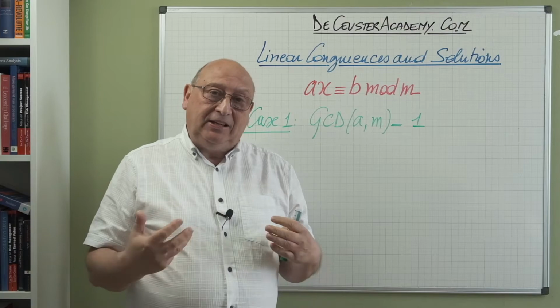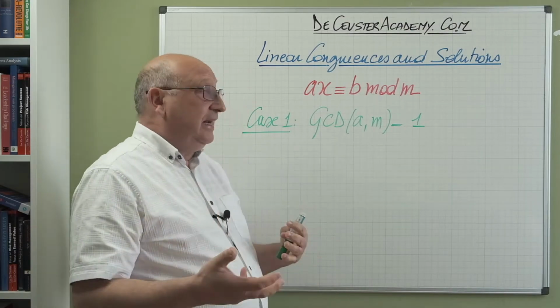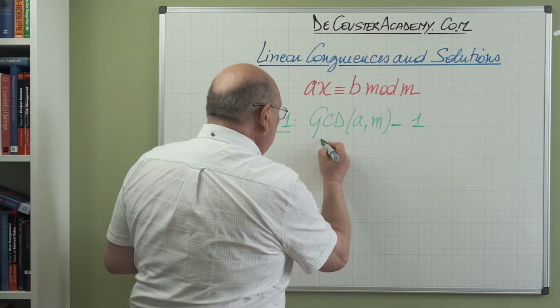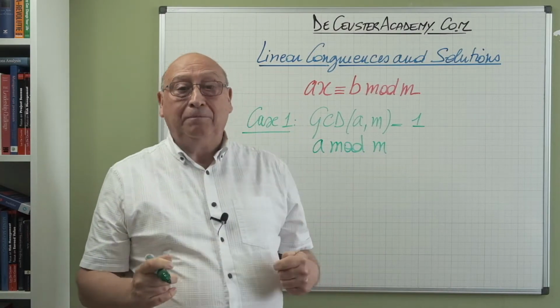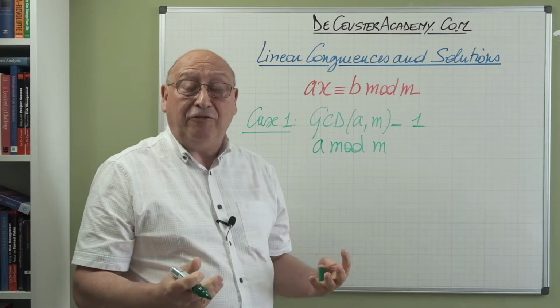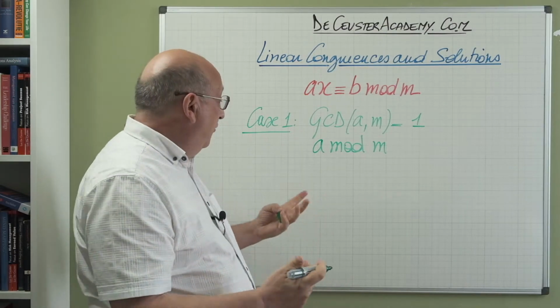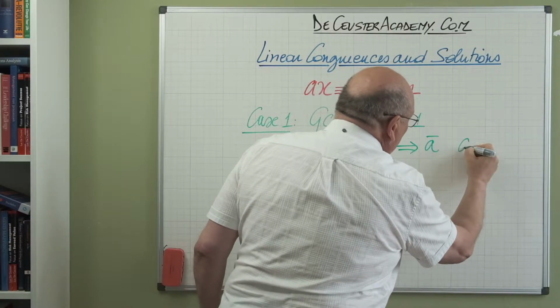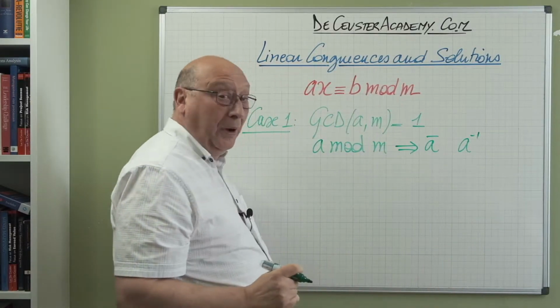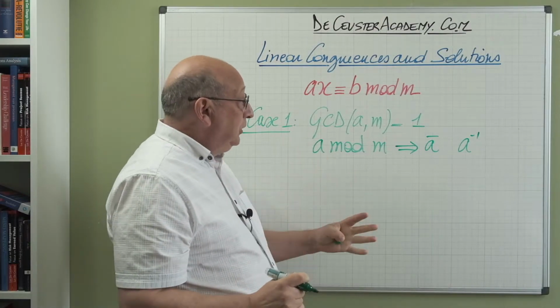The first case is when the GCD of A and M is equal to 1. This also means that A modulus M is invertible. It means that we can find the inverse of A modulus M, which is A bar, or sometimes also written as A minus 1. And what does it mean?